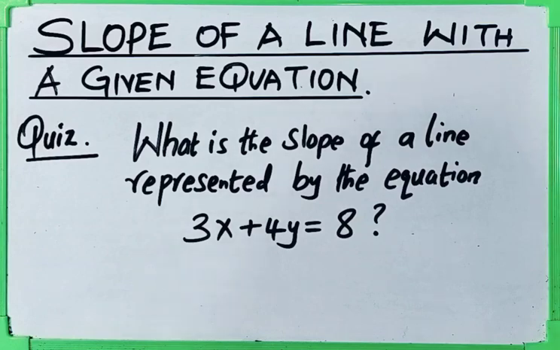Today we have a very interesting lesson again, and we're still talking about slopes and equations of lines. I would want us to understand what a slope is, just in a nutshell, and also probably relate it to the equation of a line. What is a slope?